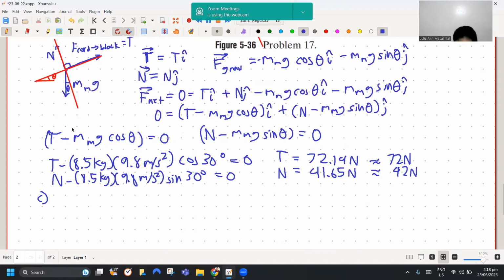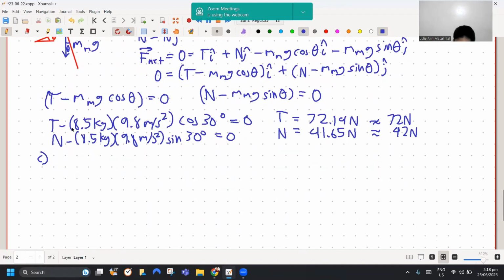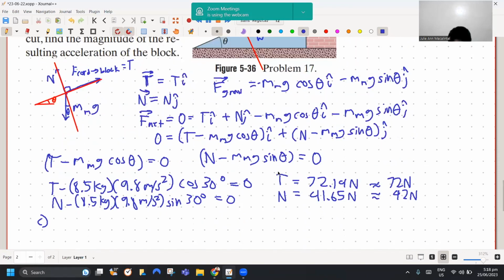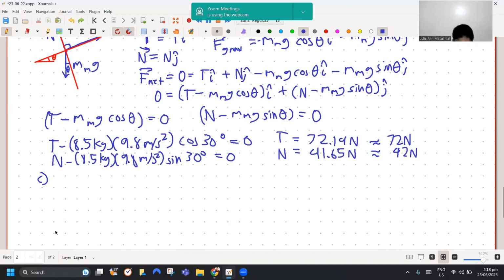And so pag pinutol mo yung cord, wala na yung force from the cord. So ano yung max? Ano yung may? Okay, so ano yung net force kapag wala nang cord? Ano yung net force along x? Ano yung net force along y?